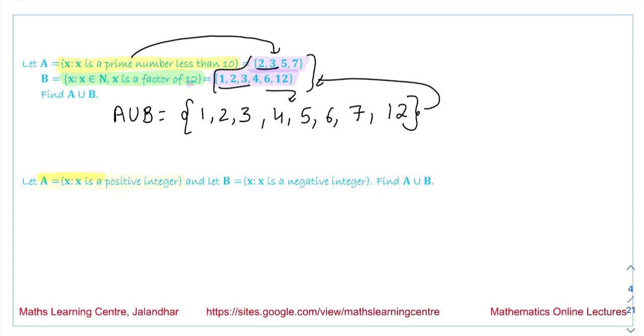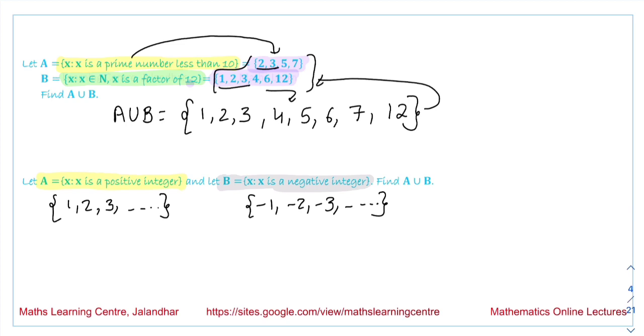Next, the set A is given as x is a positive integer, and set B is given as x is a negative integer. x is a positive integer means we are talking about the numbers 1, 2, 3, and so on. The set B is negative integers, so it is -1, -2, -3 and so on. 0 is neither a negative integer nor a positive integer.